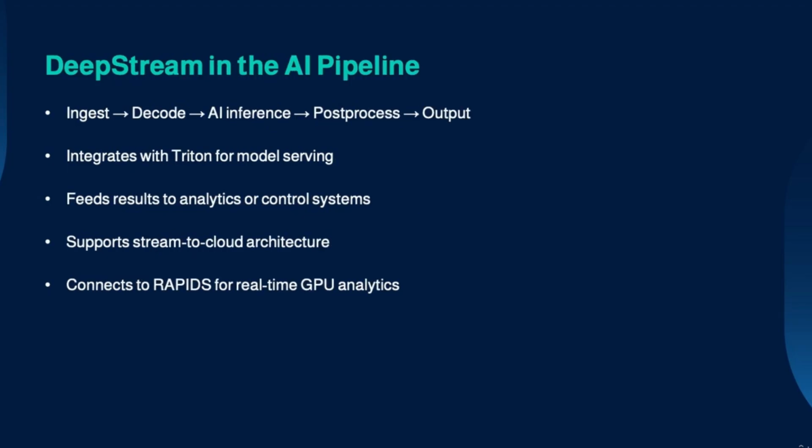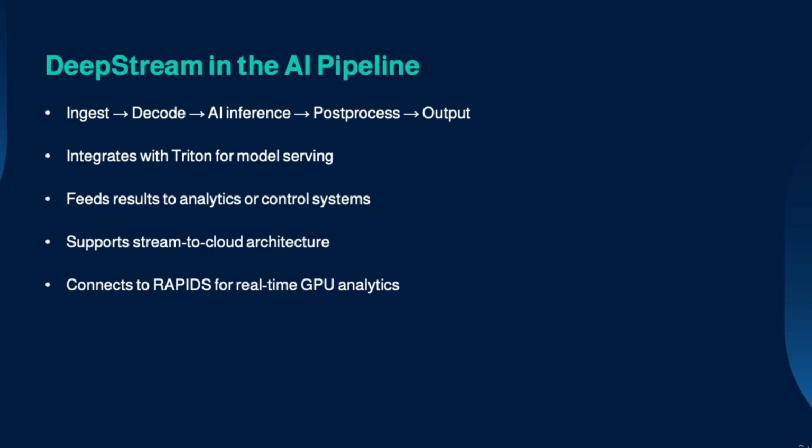In a modern AI pipeline, DeepStream sits right at the data ingestion stage, pulling in video and sensor feeds, decoding them, running inference, and producing results in milliseconds. It integrates directly with Triton Inference Server for serving models and can feed its results to real-time analytics dashboards or control systems.